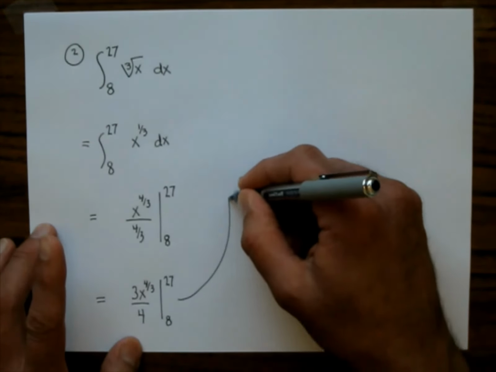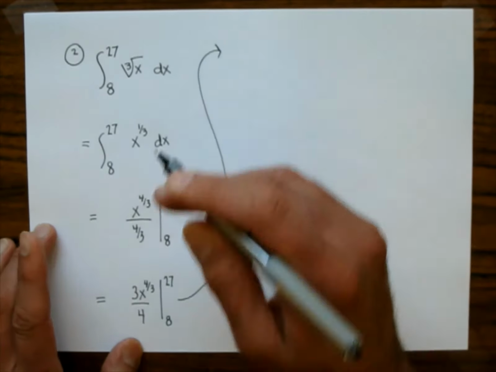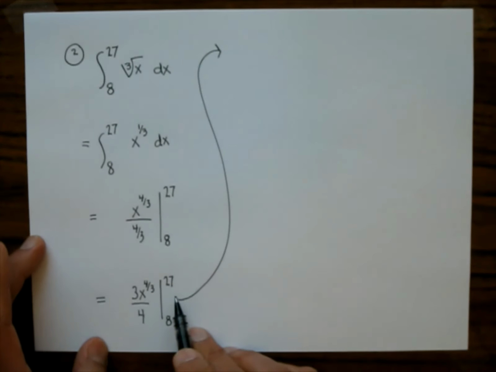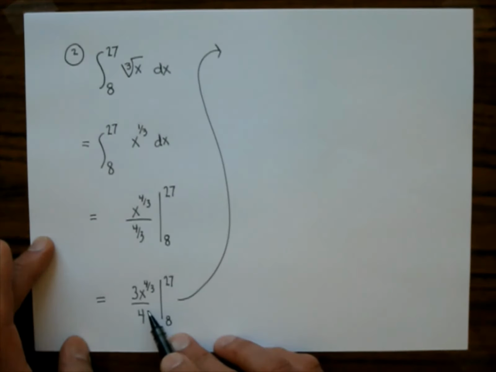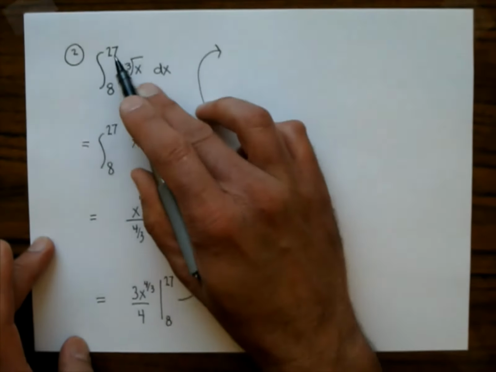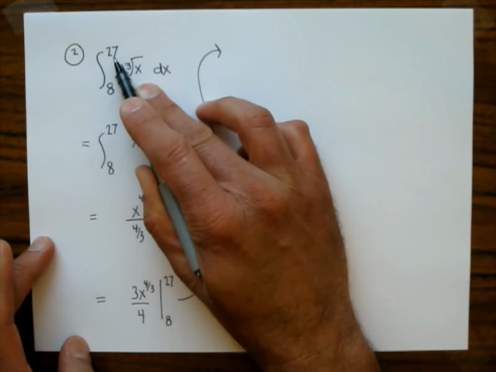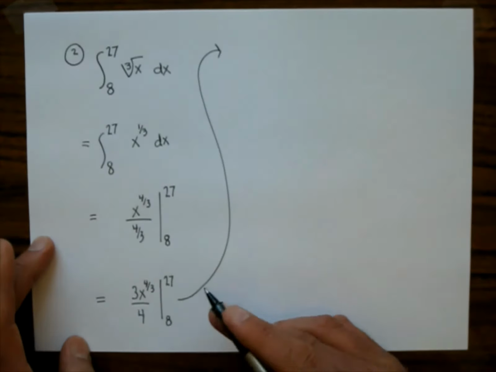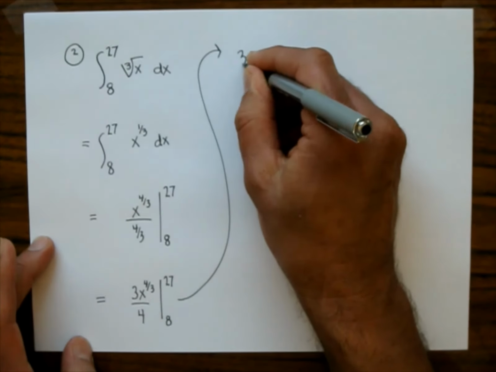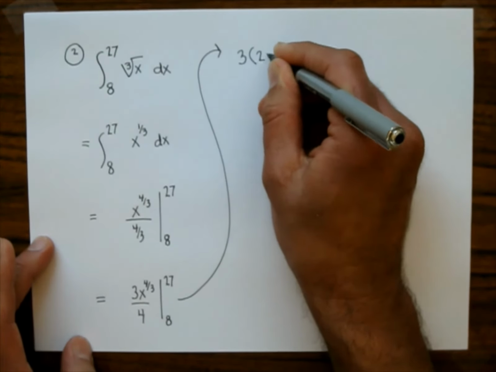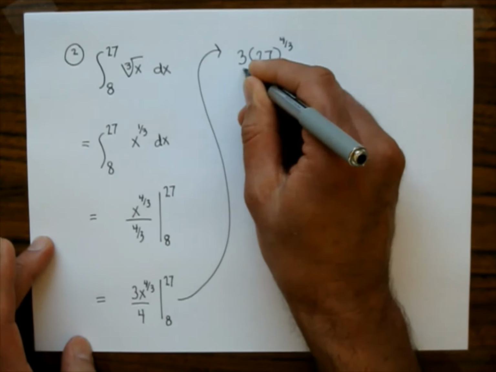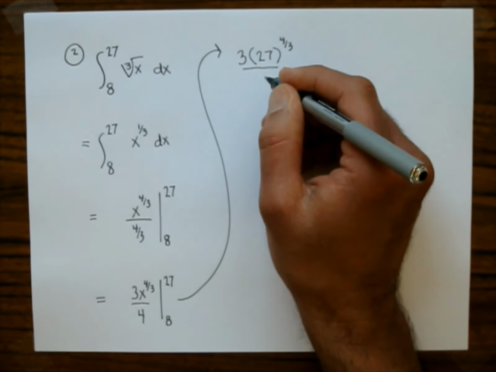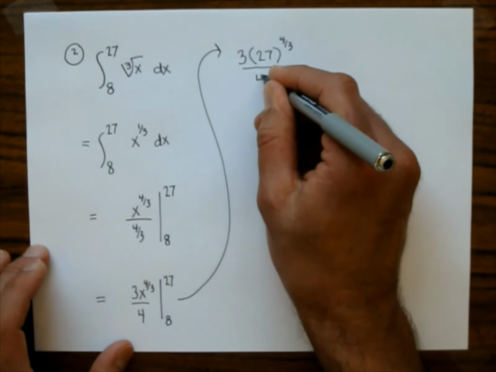Okay, so we'll bring it up here. And here's the fundamental theorem of calculus. To find one of these, you take the antiderivative, you evaluate it at the top number, and then subtract the evaluation at the bottom number. So this is 3 times 27 raised to the 4/3 power all over 4.